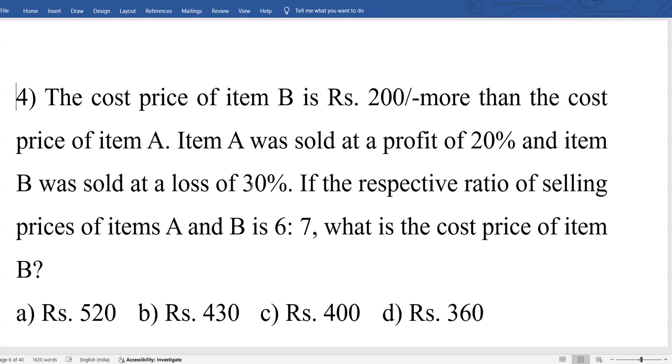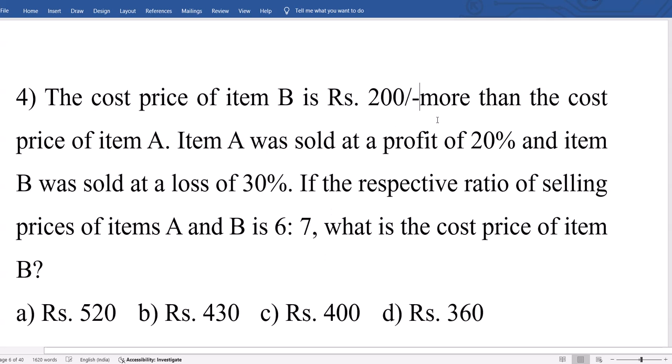Cost price of item B is rupees 200 more than the cost price of item A. Item A was sold at a profit of 20% and item B was sold at a loss of 30%. The respective selling prices are in the ratio 6:7. Right.